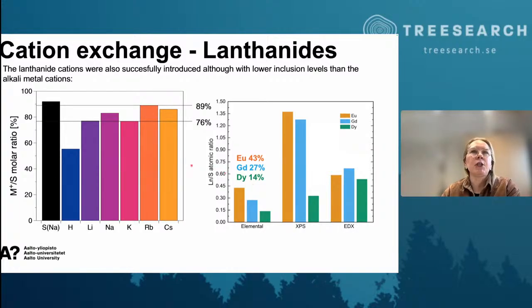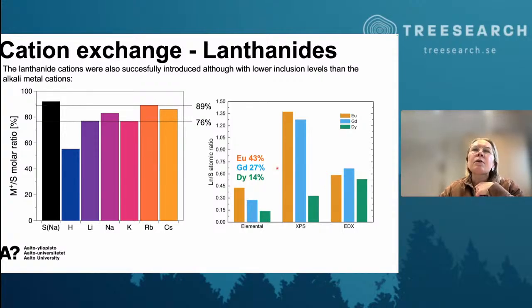And you can see here the same kind of analysis of the inclusion level. So here is the cation to the sulfur in an atomic ratio. We had the elemental analysis. Then we did also XPS and EDX analysis.